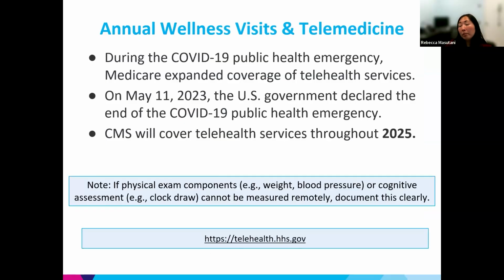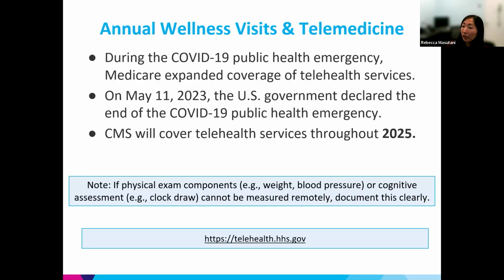So I'm going to make a brief comment here about annual wellness visits and telemedicine. That is, during the COVID-19 public health emergency, CMS expanded coverage, Medicare coverage of telehealth services. And the main comment that I want to make here is that for the time being, Medicare annual wellness visits, like other Medicare covered services or encounters, can be completed via telehealth and generally covered by Medicare Part B throughout 2025.